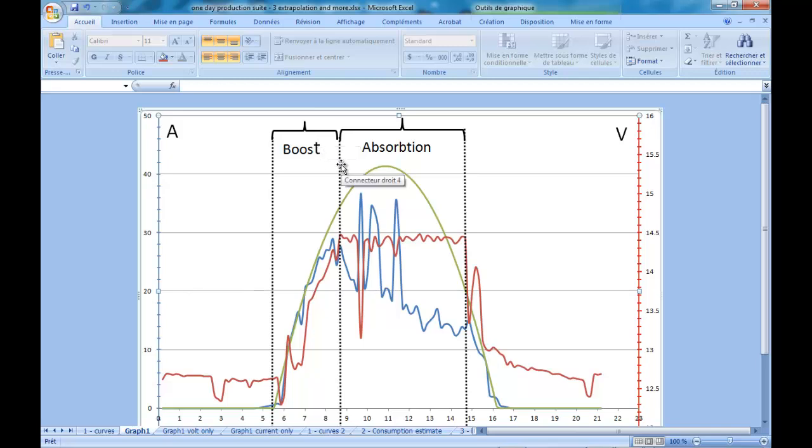The boost phase lasts as long as it doesn't reach 14.4 volts. Now 14.4 volts is the gassing voltage. When you go over that voltage, the batteries make some bubbles. It's not that bad, but you're losing some water, so it's not okay if you are using maintenance-free batteries.